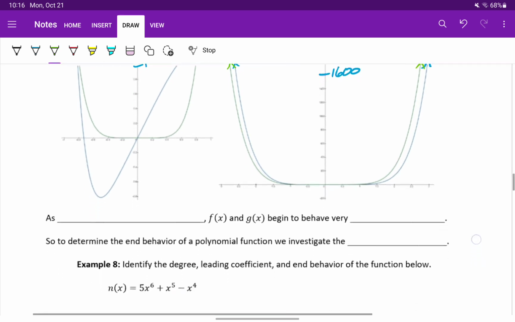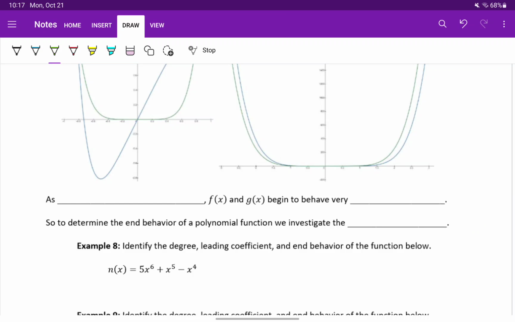What all of that means is that to understand the end behavior of a polynomial function, as x approaches positive infinity or x approaches negative infinity, those two functions behave very similarly for those extreme values of x as x gets larger. So to determine the end behavior, all we need to do is investigate the leading term.